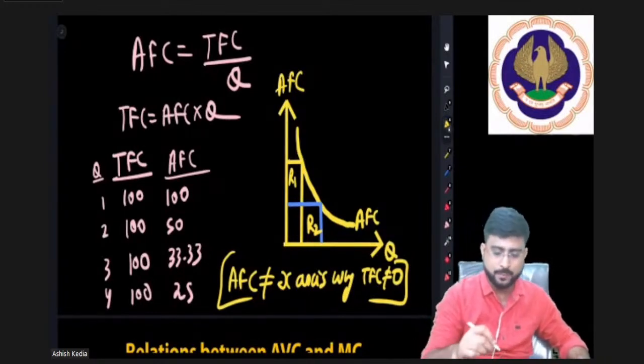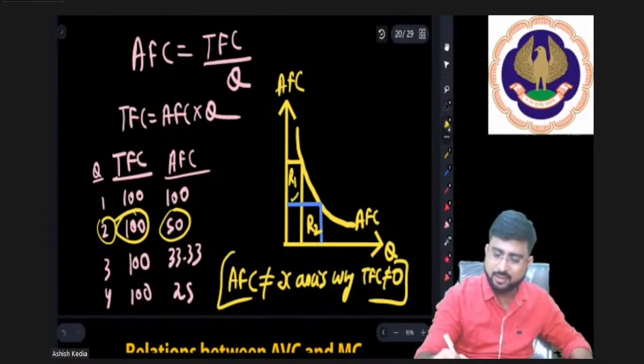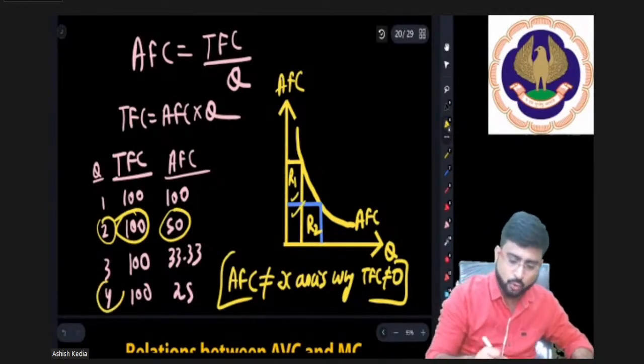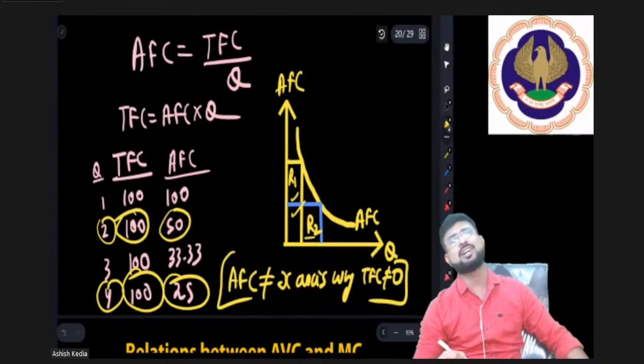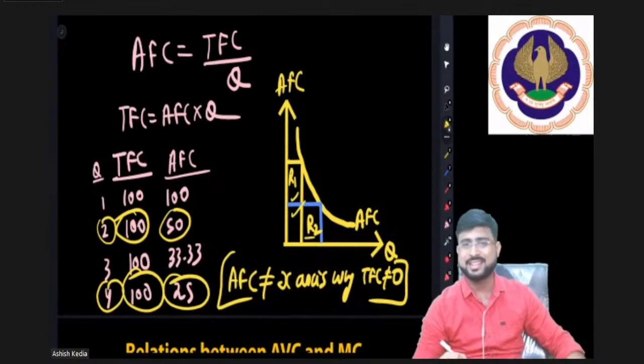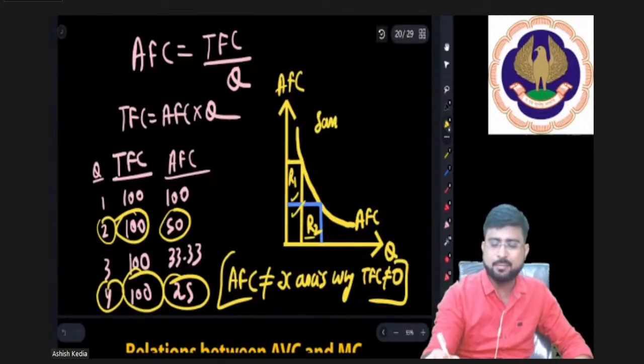If you do 50 into 2, it will be 100, so rectangle 1's area is 100. Similarly, 4 into 25 is again 100. So the area is the same for each rectangle.